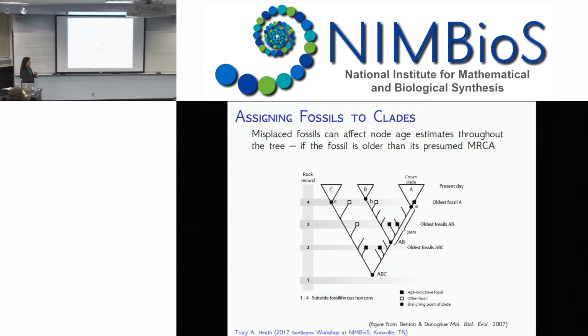It looks like the white ones are just not being used as calibration points. If you had all of these, you wouldn't use any of these fossils; you'd actually only use one of those, but they're the same time. So this gives you a sense that even though you have access to a lot of fossils, they're not useful when they're used as calibrations.